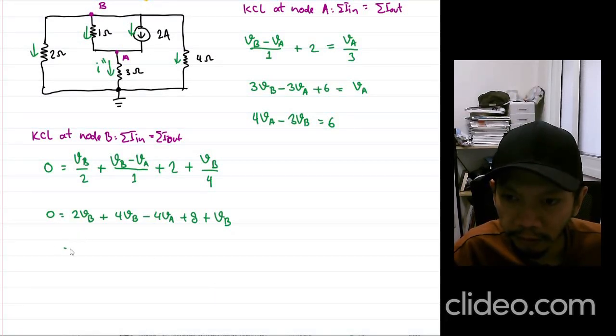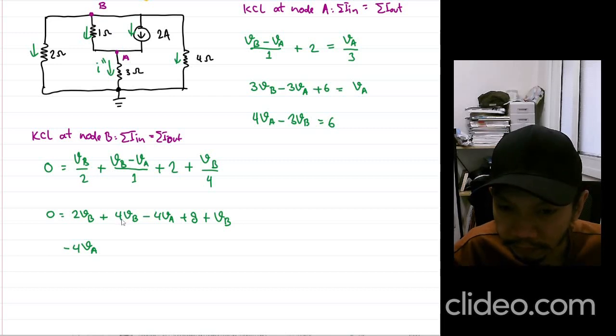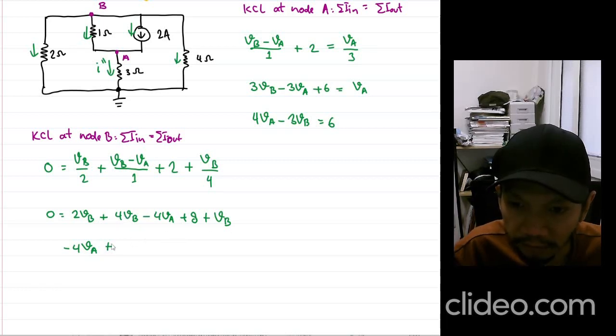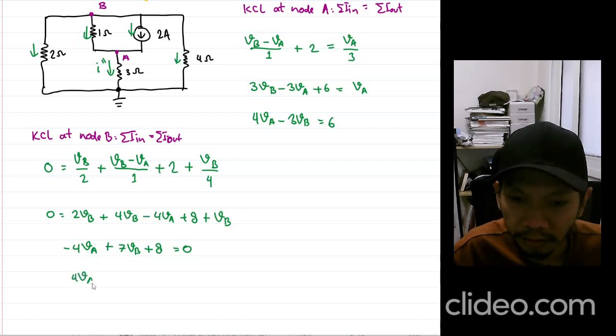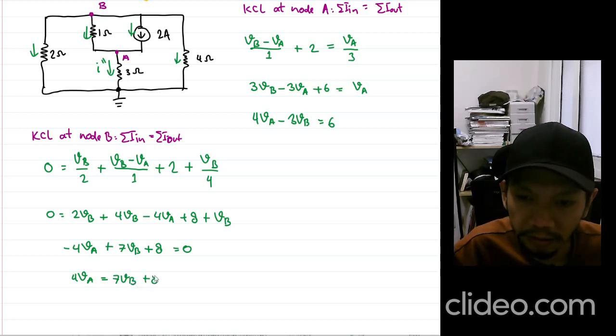So I'll have minus 4 VA plus this one will be 6 and 6 plus 1, that will be 7 VB, plus 8 is equal to 0. Or maybe we can do 4 VA is equal to 7 VB plus 8.